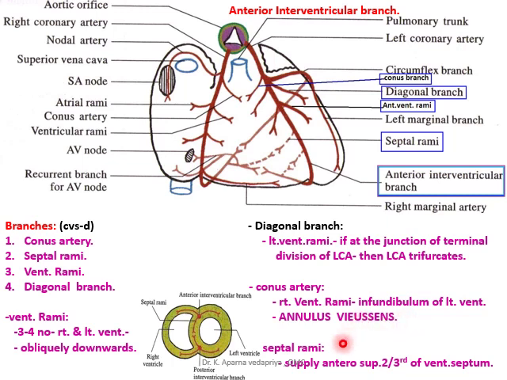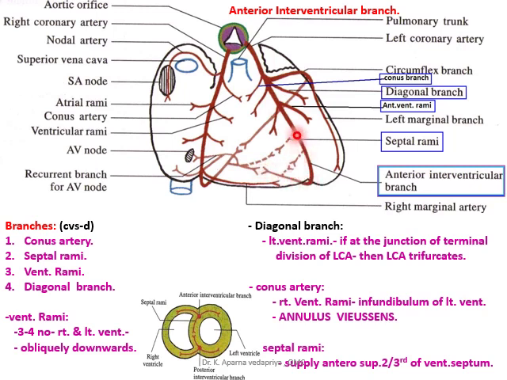Coming to the septal rami. These septal rami are given out from the anterior interventricular artery from both the anterior aspect, that is on the sternocostal surface, and also from the diaphragmatic surface of the anterior interventricular artery.